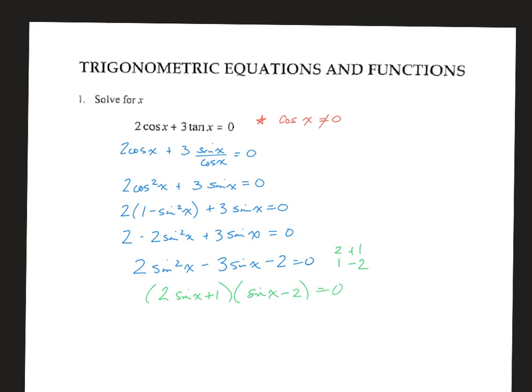That then is going to allow us to solve for the ratios. And so we know that sine x equals negative 1/2 or sine x equals 2. Very quickly, we're probably pretty good to be able to label that sine x equaling 2 as no solution, because I will not be able to solve that.